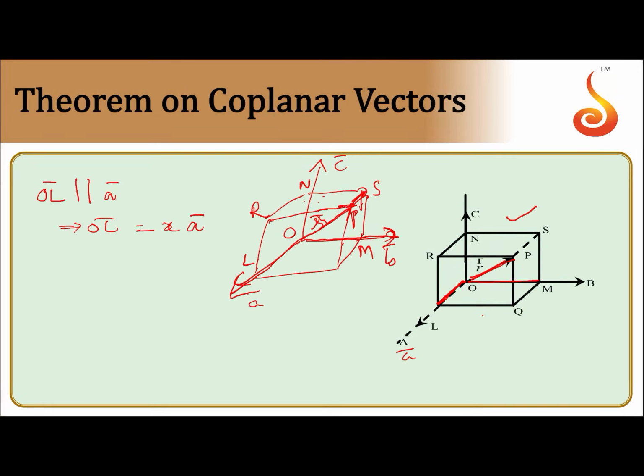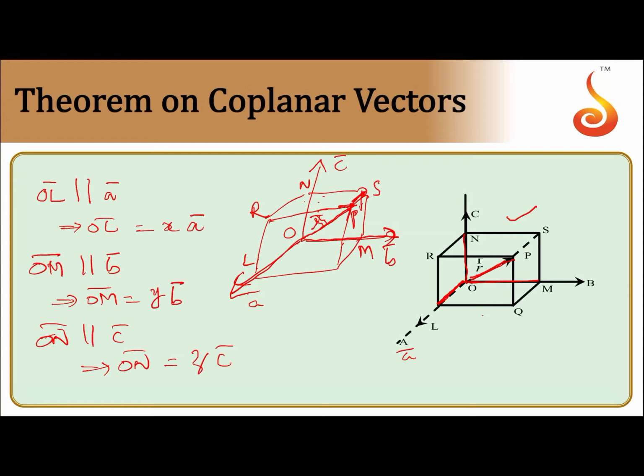Similarly, OM is parallel to B bar, collinear with B bar, so OM equals some scalar times B bar. Similarly, ON is collinear with C bar, therefore ON can be written as some scalar times C bar.